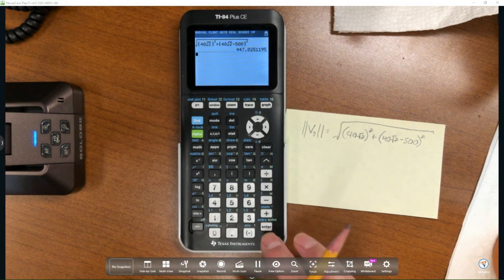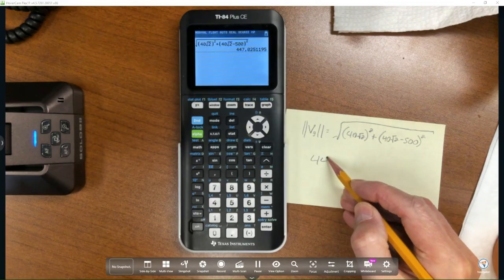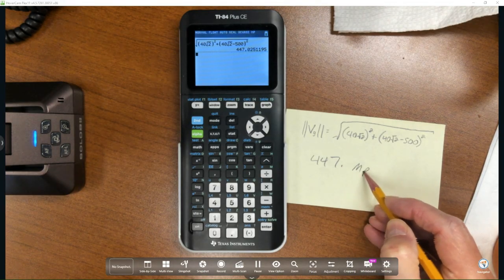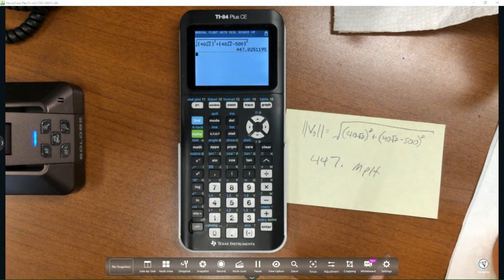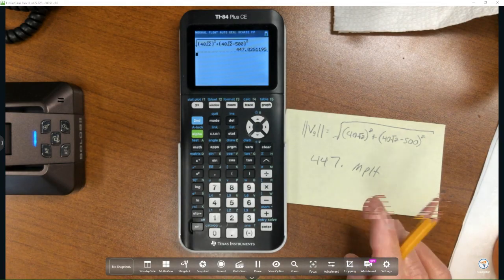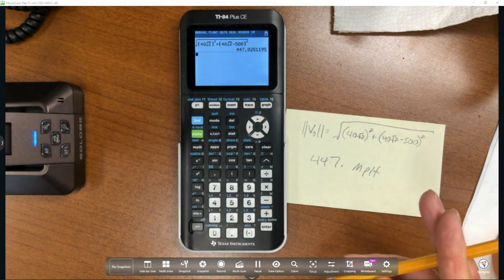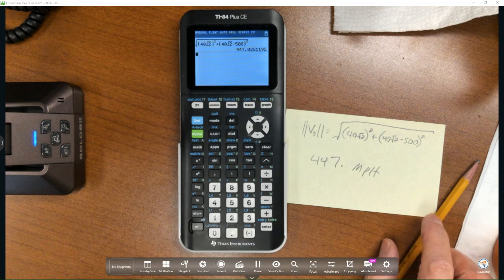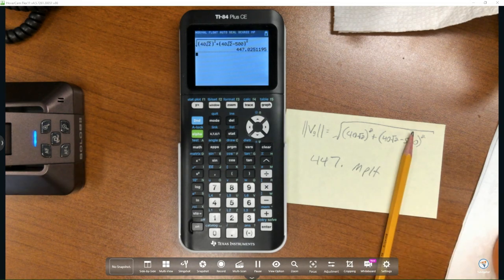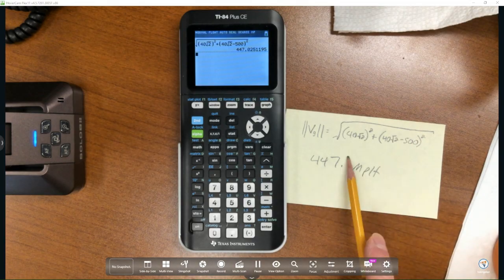So that should give us the answer. Okay, so 447 miles per hour, even though the jet is moving relative to the airspeed at 500 miles per hour. But combining that with the resistant force of the wind, we've got a ground speed of 447.